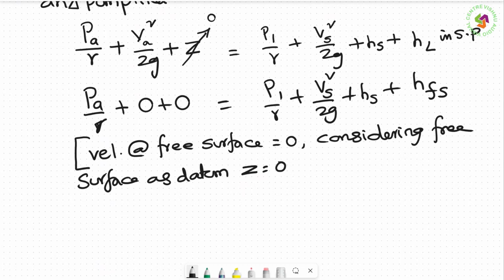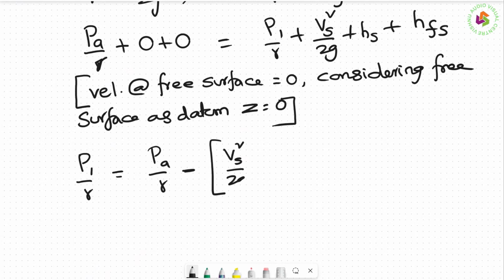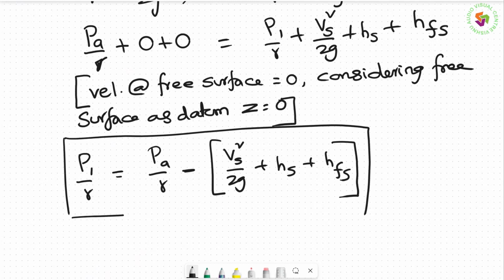So this is what I have written there. From this, if I calculate, P1 by gamma is equal to Pa by gamma minus Vs squared by 2g plus Hs plus Hfs. What will this equation tell you?